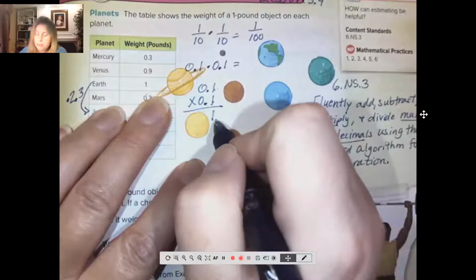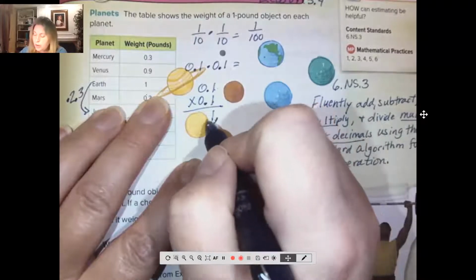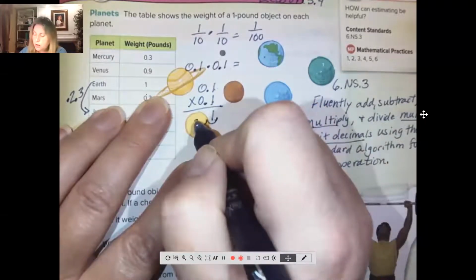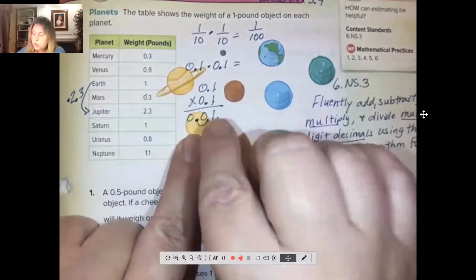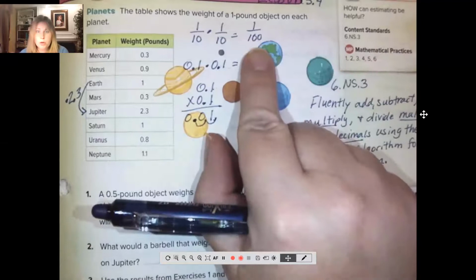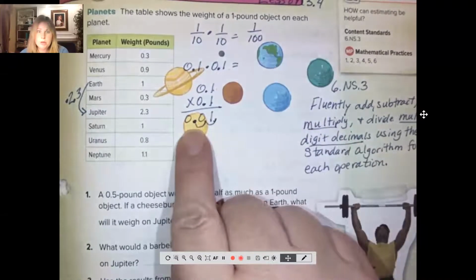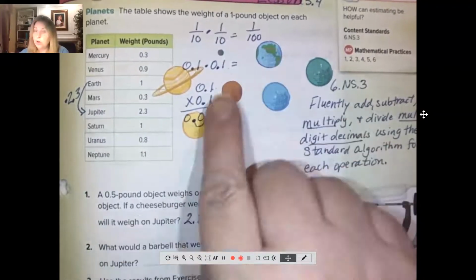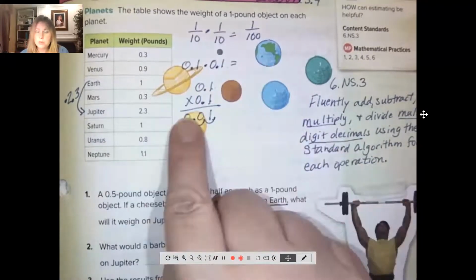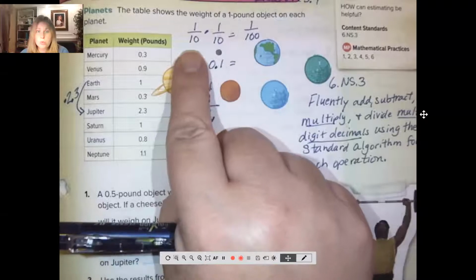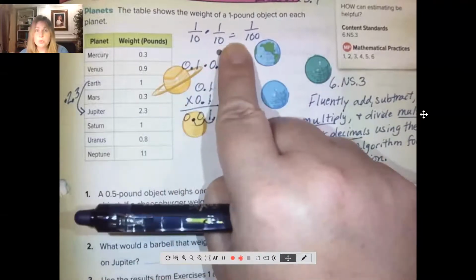So we need how many decimals in our answer? 1, 2. Our decimal goes here, and we annex zeros in those empty spaces. So how do we read this number? 1/100th. And how do we read this number? 1/100th. These are equivalent. One is written as fractions, and one is written as decimals. Either way you look at it, 1/10 times 1/10 equals 1/100th.